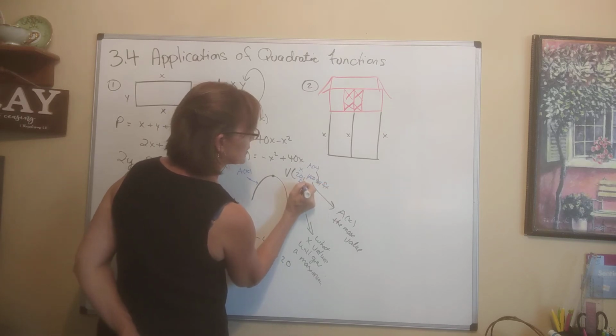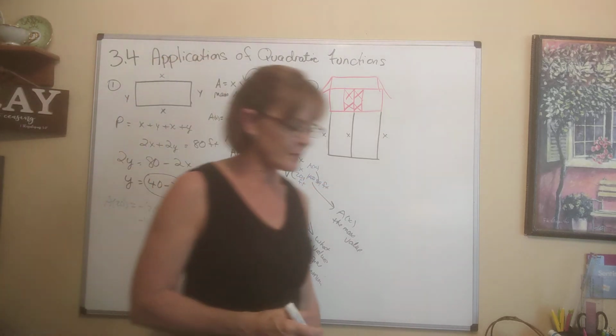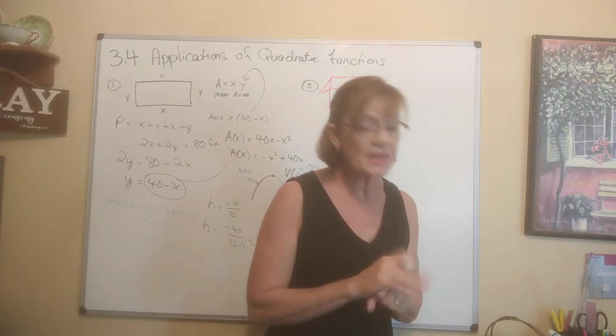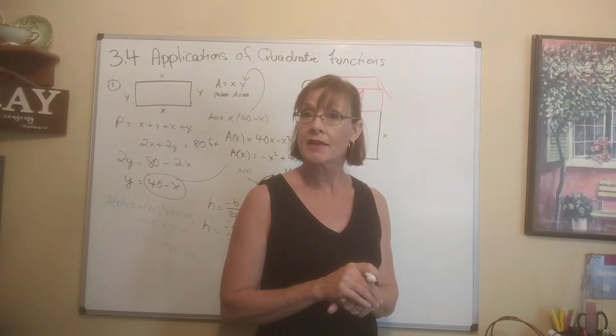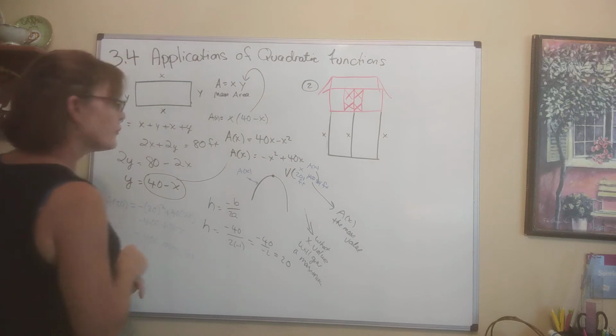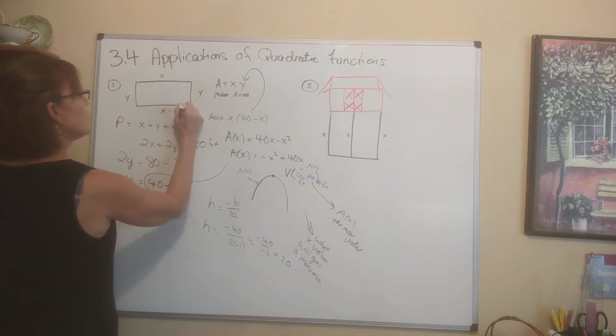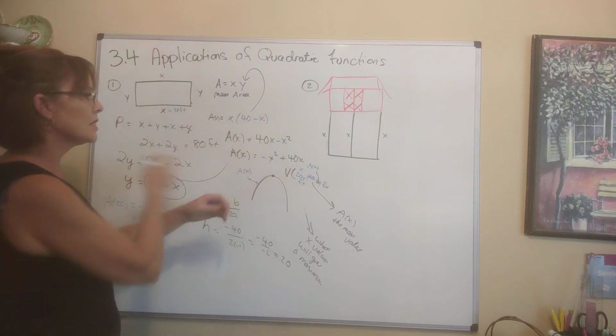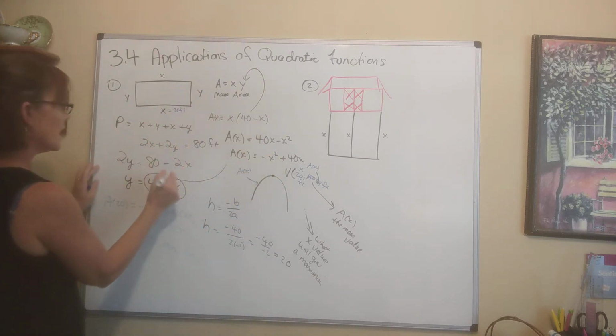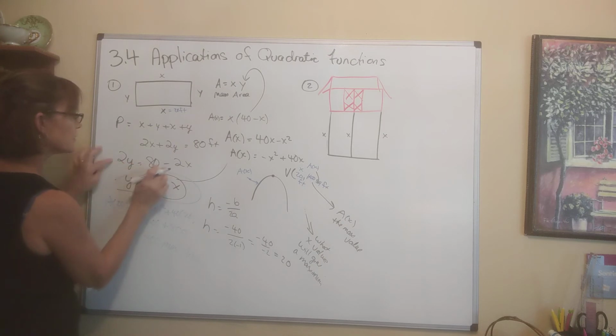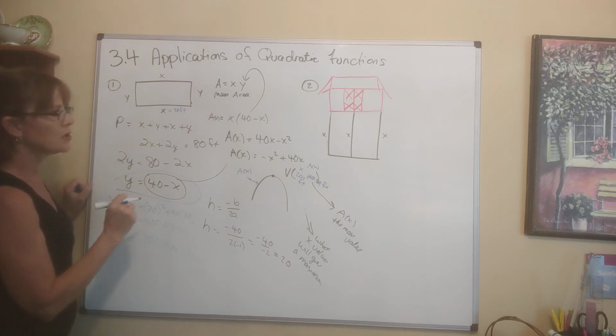And that's when x is 20 feet. What did they ask us in this problem? They said, find the dimensions of the garden that would give us the maximum area. And so if we know that x is 20 feet, once you find one variable, you just substitute it into any equation that you see, like this one would do, or this one would do.